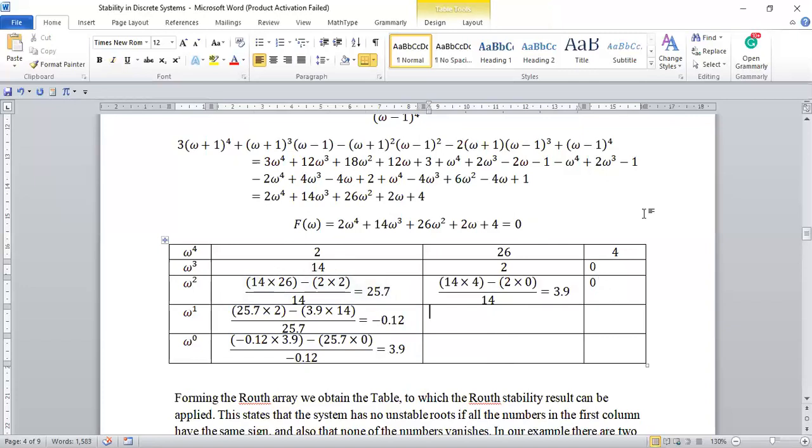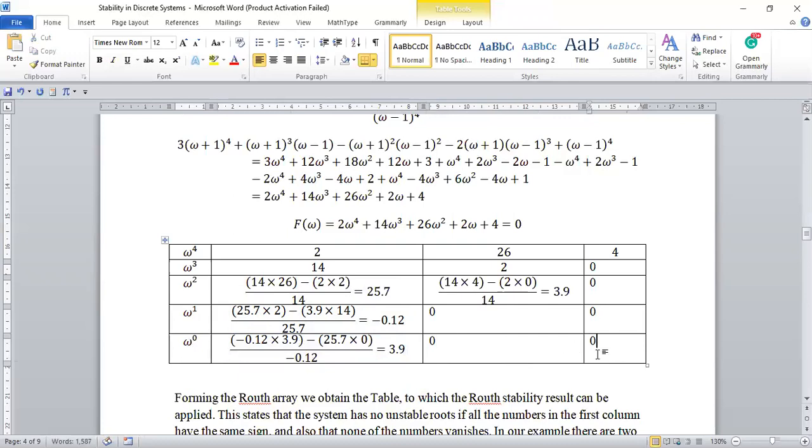So here is 0. So I didn't bother to write it. Here we give you 0. For the last row, you multiply minus 0.12 times 3.9, then you subtract 0 times 25.7, then you divide by minus 0.12, you arrive at 3.9. So the others, you're going to get 0 and 0.